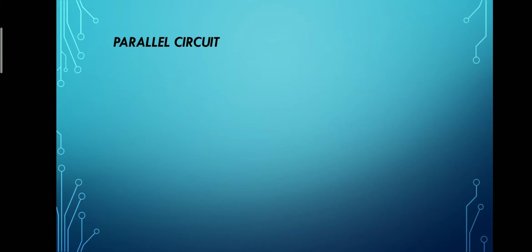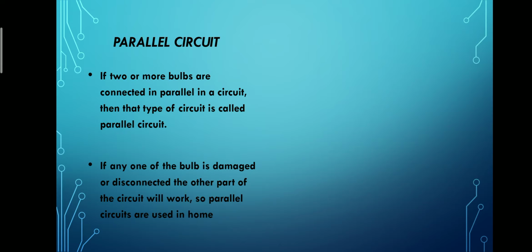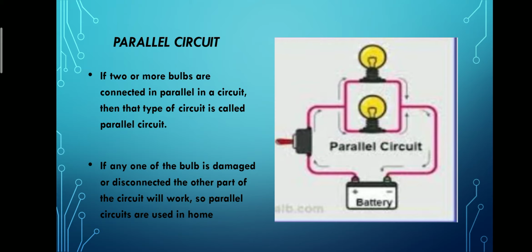So next one is a parallel circuit. In parallel circuits, the bulbs are connected in parallel to each other. Look at here, the bulbs are connected parallel to each other, and if any one bulb doesn't glow, the other bulb will still glow. Why? The current starts to flow from the positive sign of the battery, and here it splits into two.